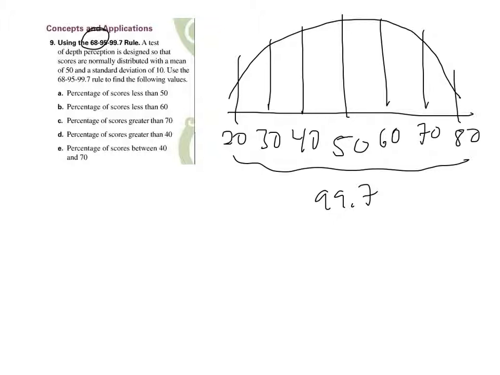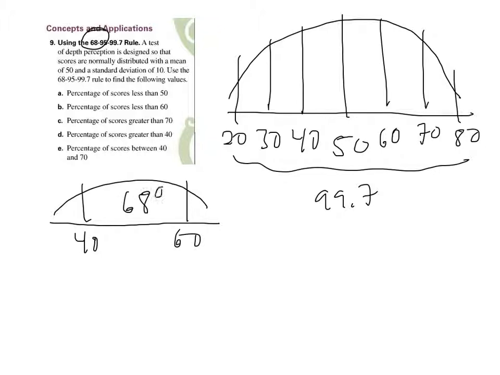Okay, so what percent of scores? Maybe I ought to back up a little bit here. If I'm going 1 standard deviation either side of the mean, so between 40 and 60, about 68% of the normal distribution will fall between those two numbers, because they're 1 standard deviation either side of the mean.